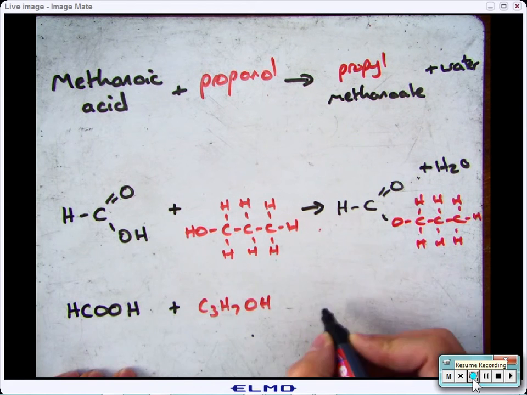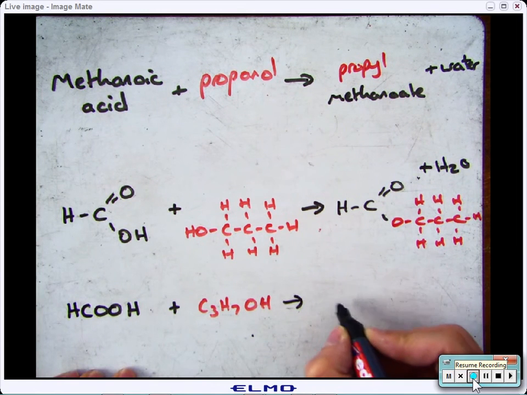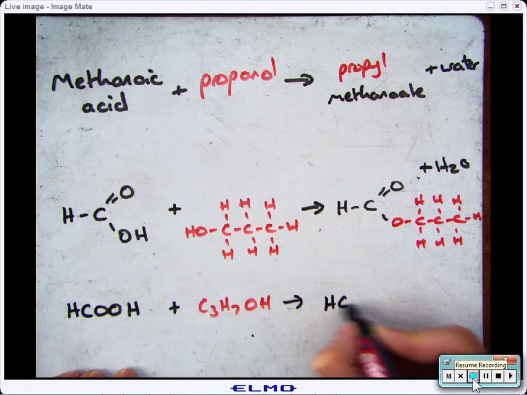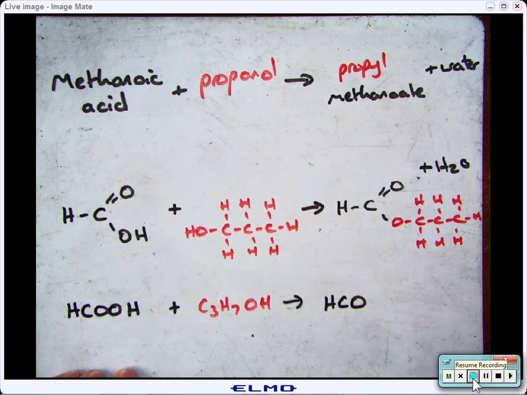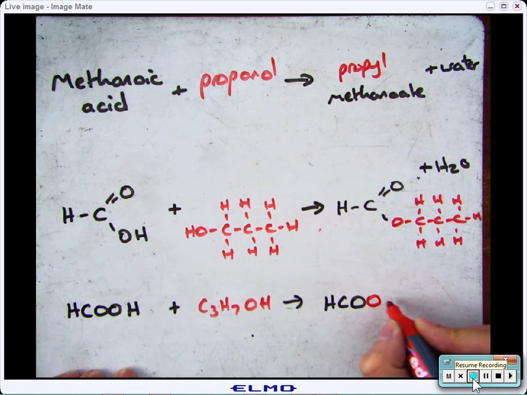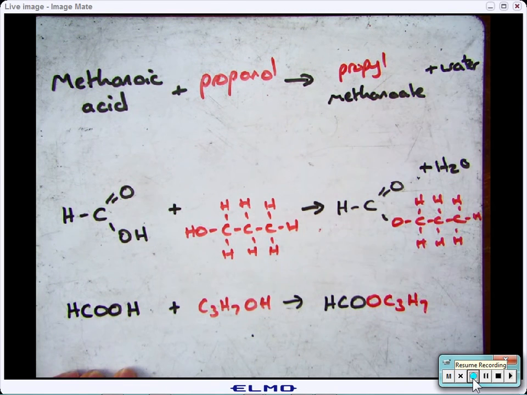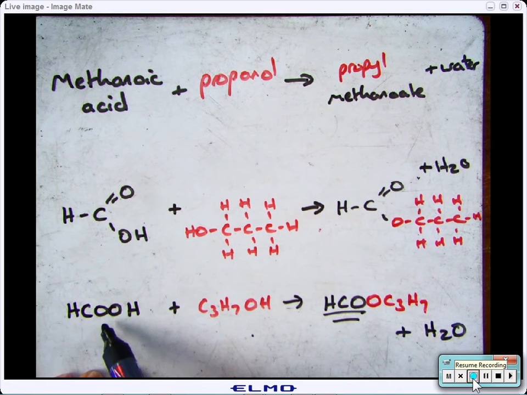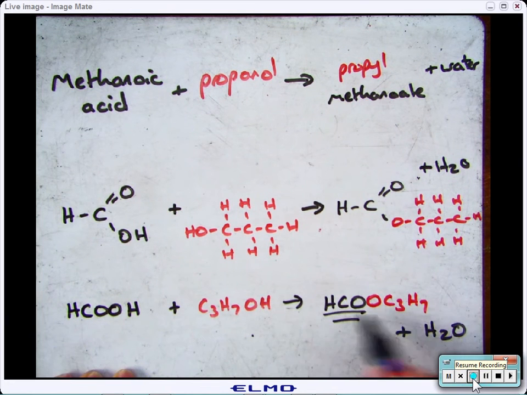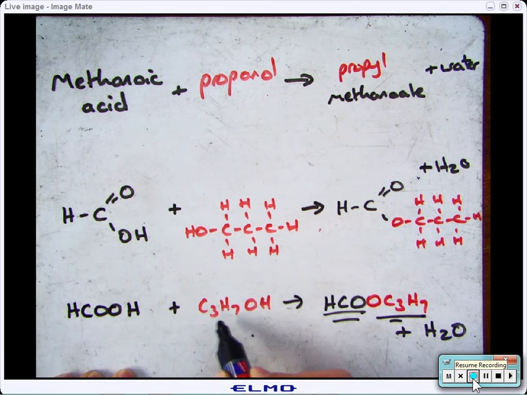So in terms of the naming for that, the structure is HCOOC3H7 plus H2O. Now again, this bit comes at the front, and then the alcohol is the last bit there. Again, if you're not sure on that, come and ask me at any point.